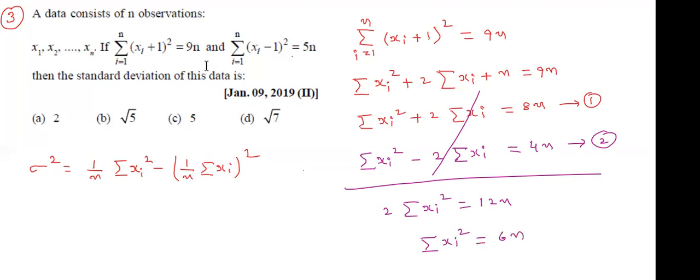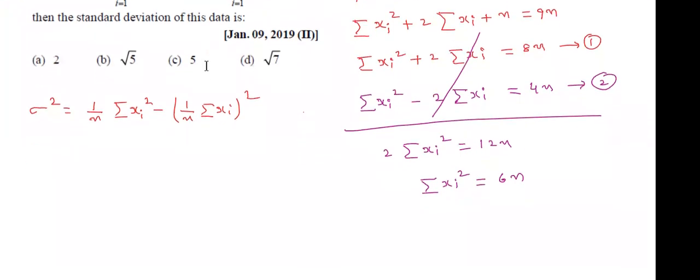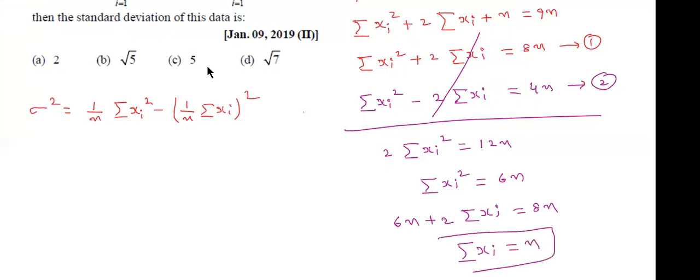This value, substitute in either equation 1 or equation 2. So I'm going to substitute in equation 1: 6n plus 2 into sigma xi is equal to 8n. 6n sent to the right hand side, 8n minus 6n, 2n, and 2 also cancels. Overall, we get sigma xi is equal to n.